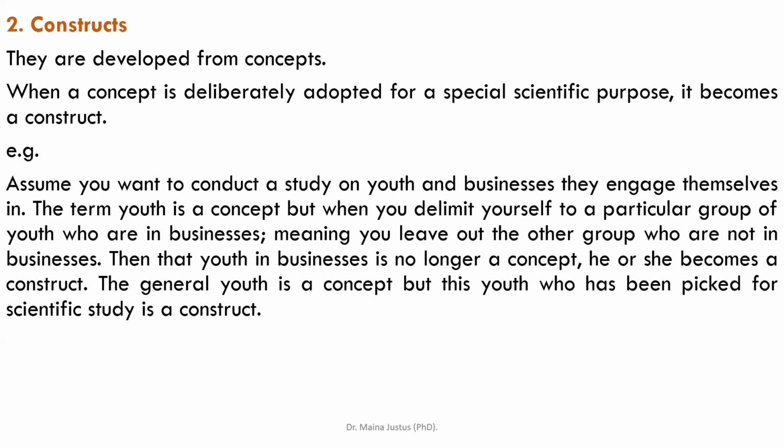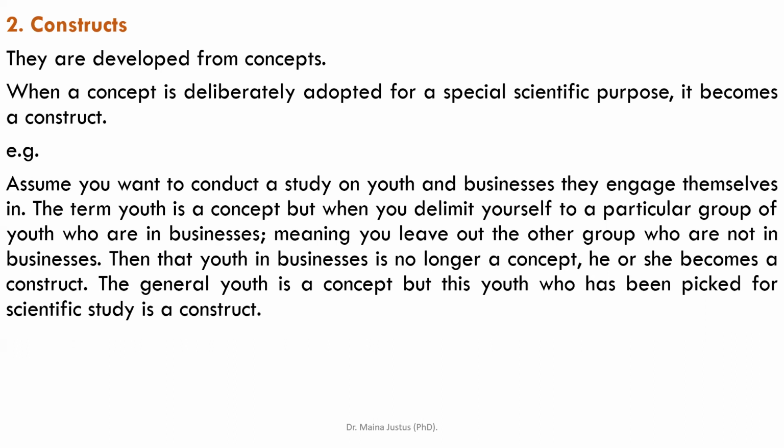For example, assume you want to conduct a study on youth and the business they engage themselves in. The term youth is just a concept. It is very broad. Youth from Migori, youth in business, youth in farming, youth in school. You see, it's very broad.